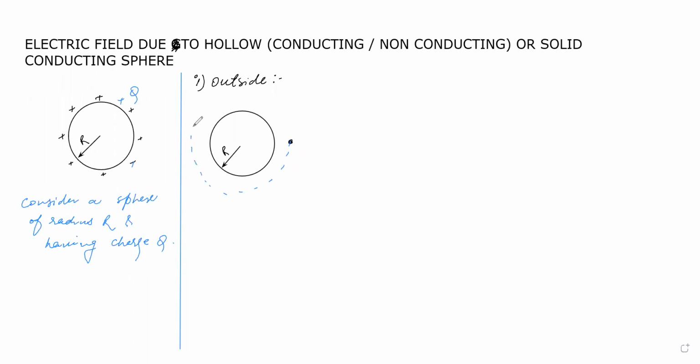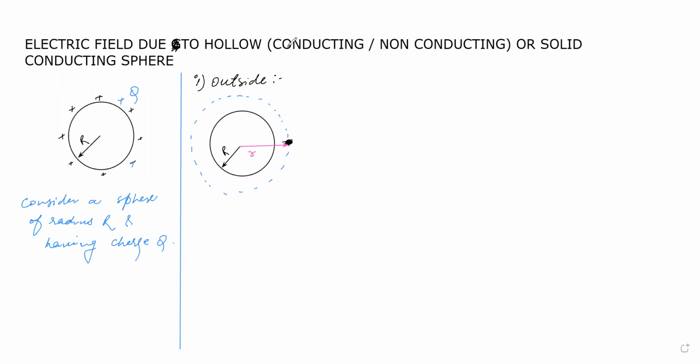This is your Gaussian surface which passes through this point P. And now let's consider that the radius of this Gaussian surface is r. I mean small r we are taking here. This is your small r.